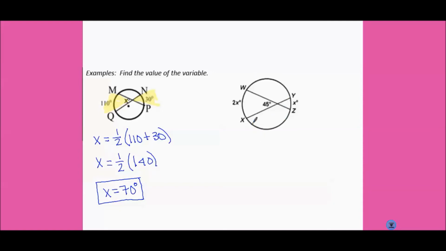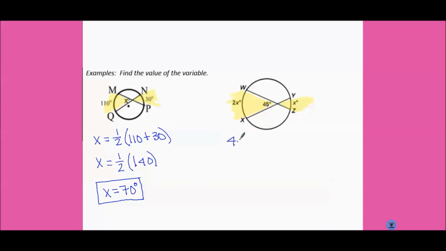In our next example, this time the X isn't the angle, it's part of the arcs. So let's look at the arcs it intersects. Arc WX, and arc YZ.